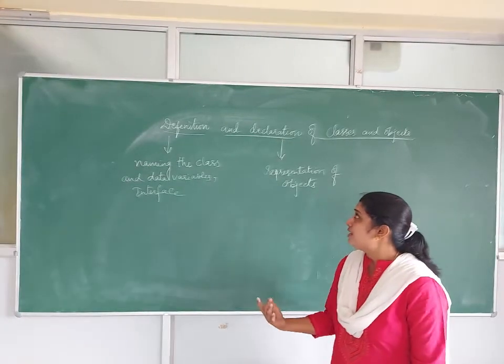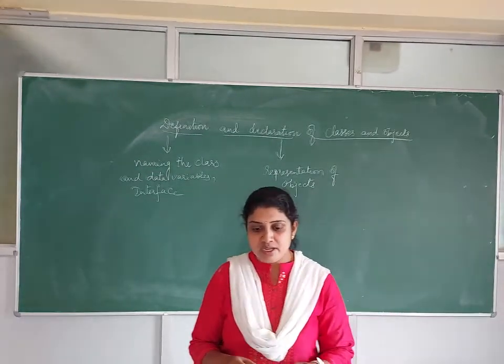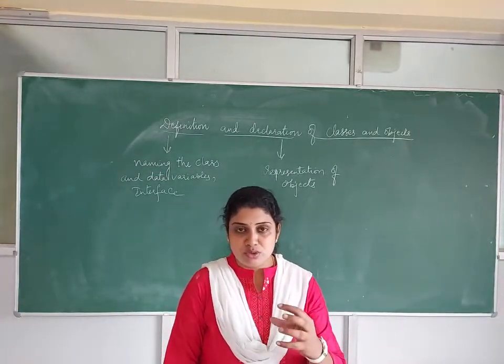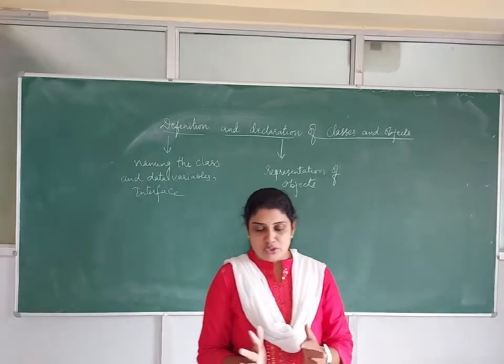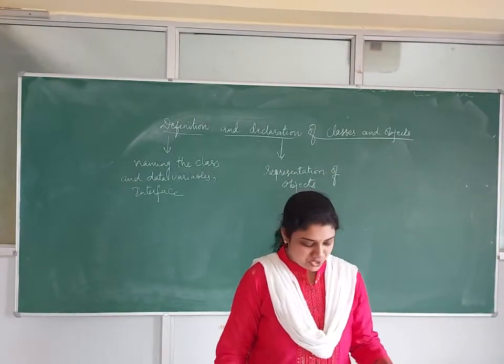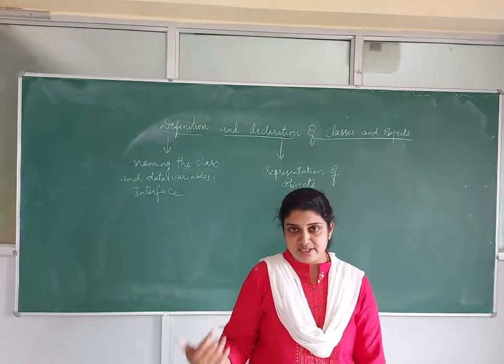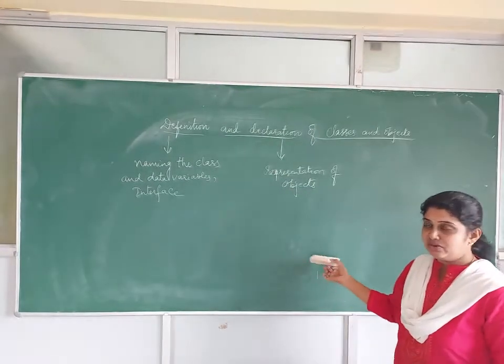But declaration of a class indicates that it is mainly used to represent objects of a particular class. I'll give an example, then you will get an idea. So this is the definition and declaration of a class.